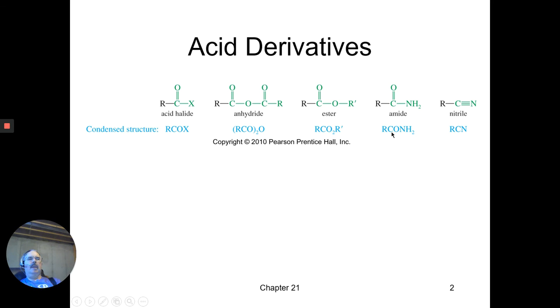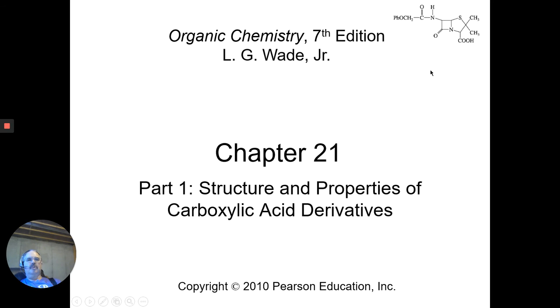The bacterial proteins have an NH2 group, which attacks the carbonyl, and because of ring strain, it opens up this ring.